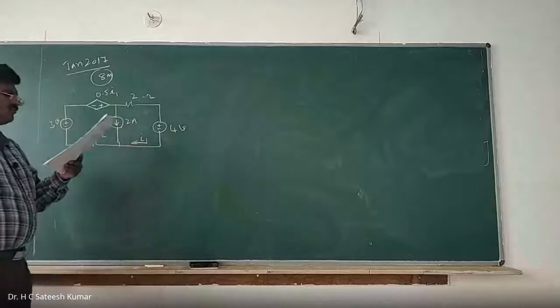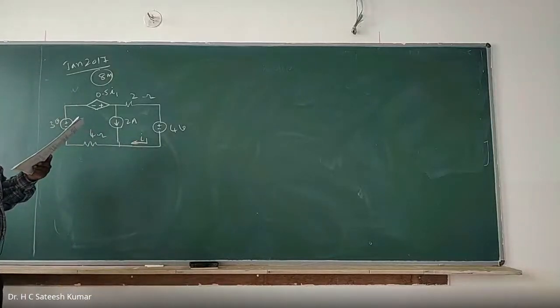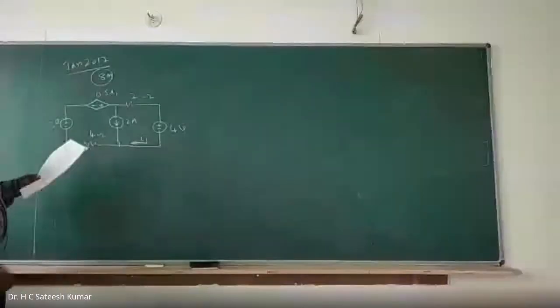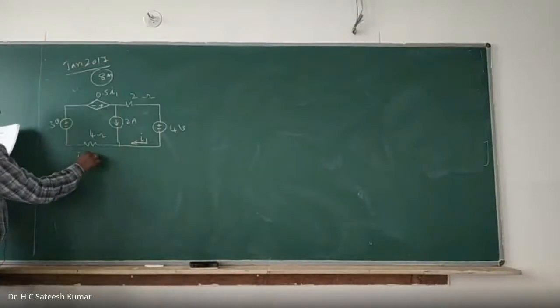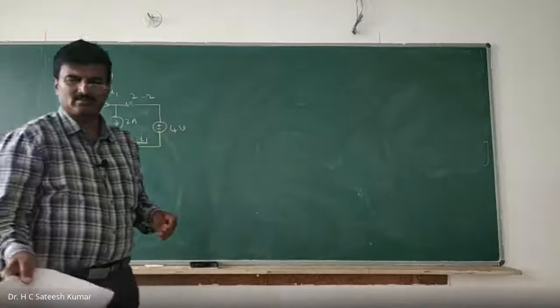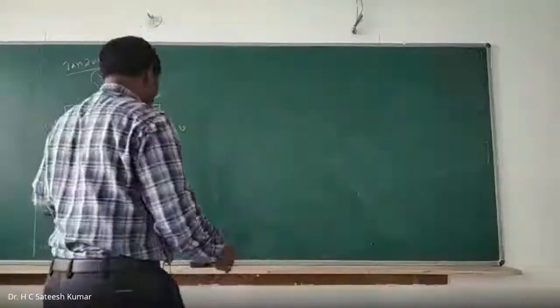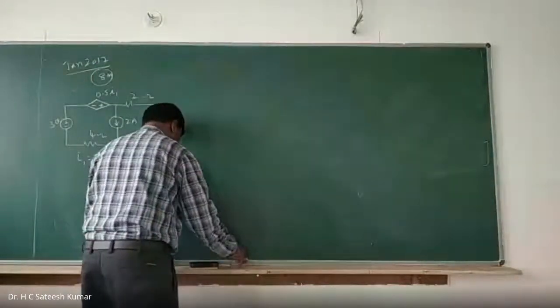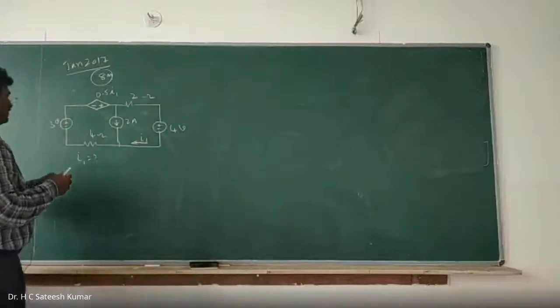Okay, right. The question is, find I1 using nodal analysis for the network shown in the figure. Very simple, direct question. Anybody can do it easily, and 8 marks you can easily get without any complex values here.